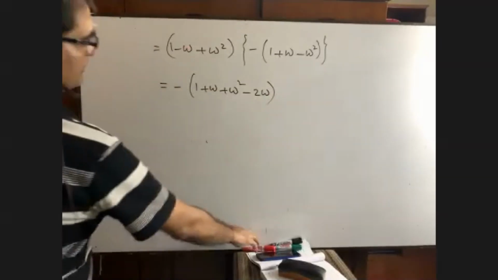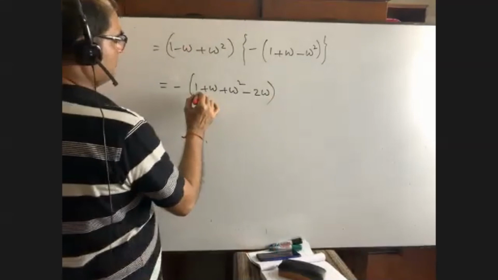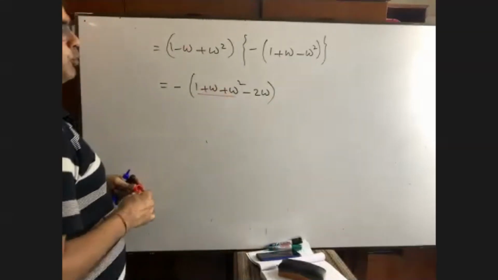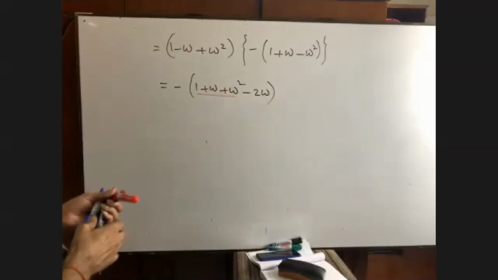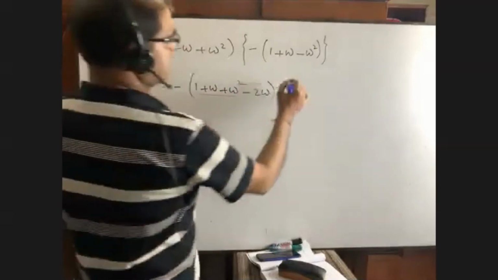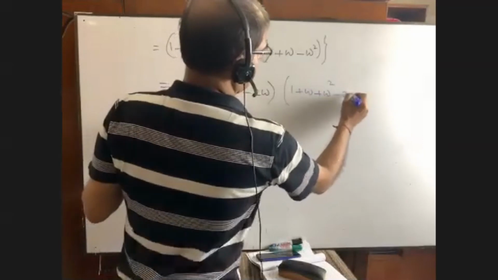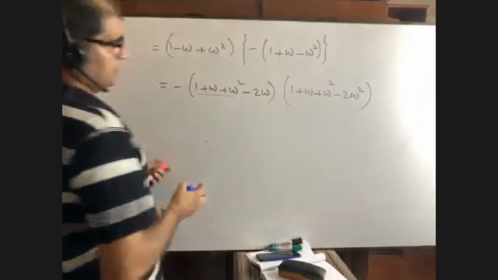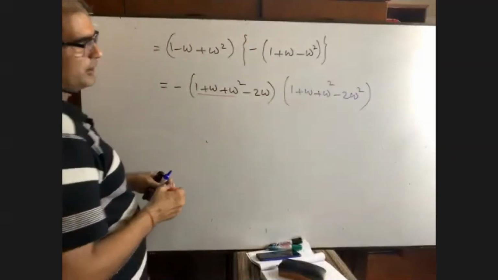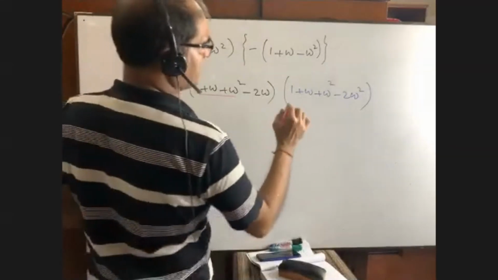I have written this to put it into value. We know it is equals to 0, right? In the same way, we'll write here 1 plus omega square minus 2 omega square. I am just maintaining the equilibrium.